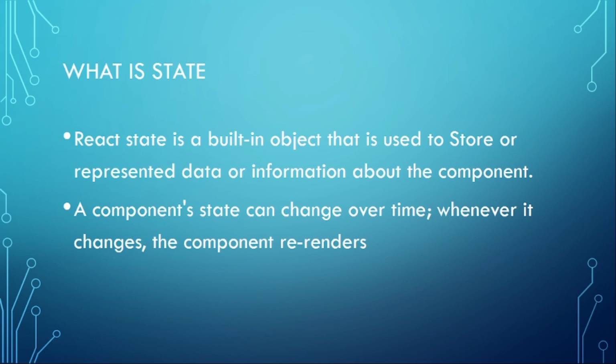A component's state can change over time, and whenever it changes, the component re-renders. So how do components get re-rendered when their state is changed? State is basically a built-in object; how it gets changed and how the components are rendered is what we are going to understand in this session.